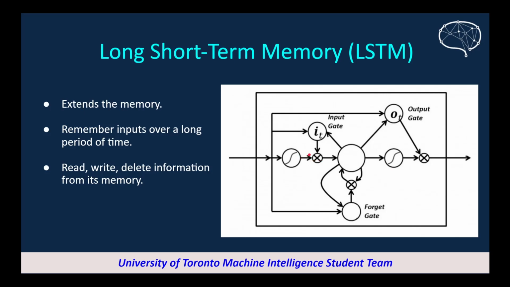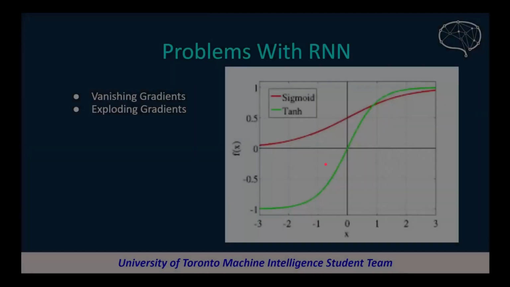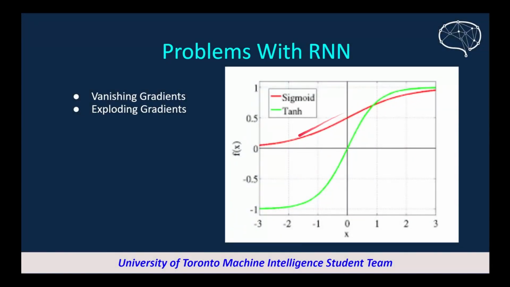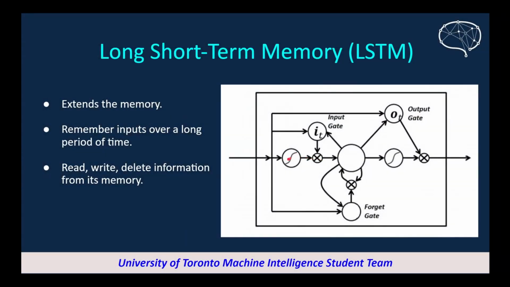The gates in an LSTM are analog in the form of sigmoids, which is this red function we see in this graph. It ranges from 0 to 1, so 0 means the gate doesn't open, and 1 means the gate does open, so it allows the information to pass through.